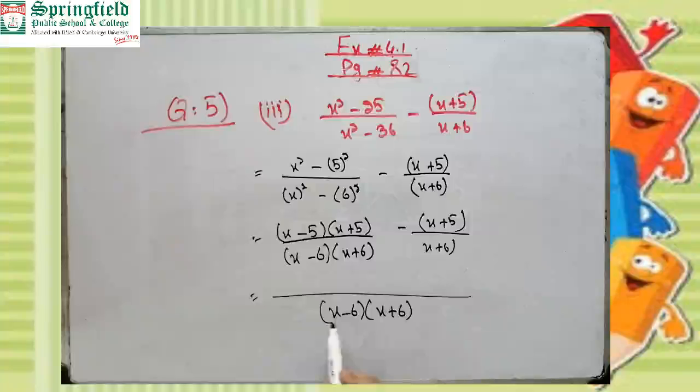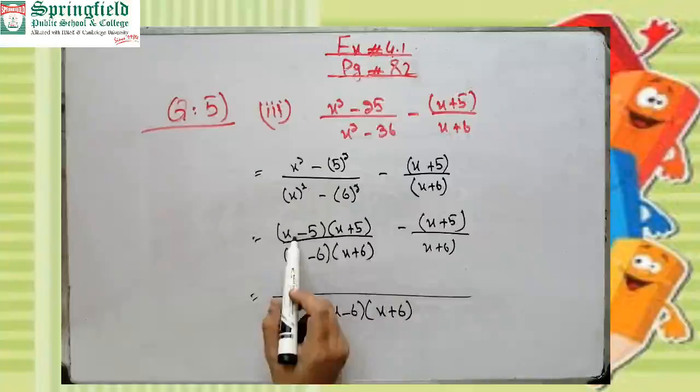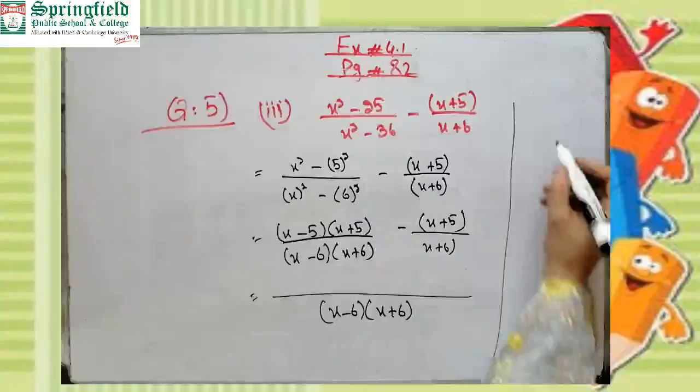X minus 6, x plus 6 divided by this denominator. As we know how we can convert the small fraction to the long fraction, the denominator will divide the LCM. What will be the answer? When we divide this expression by this one, we get just 1. 1 will multiply with this expression. We can check here beta.